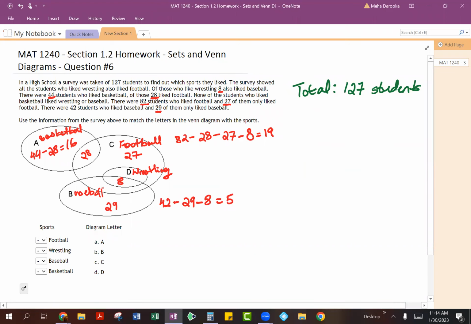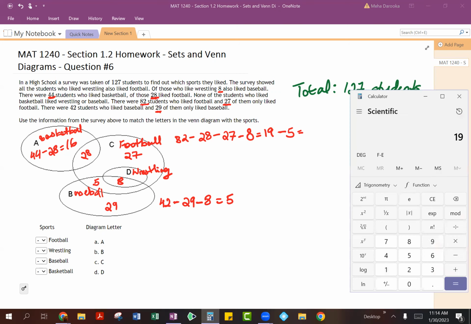And that 5 is actually going to go in this area here, which is going to be the overlap between just football and baseball. So you can see that 5 also needs to be subtracted from this total of football students, because that obviously falls into the football circle. So 19 minus 5 will, of course, give us 14.